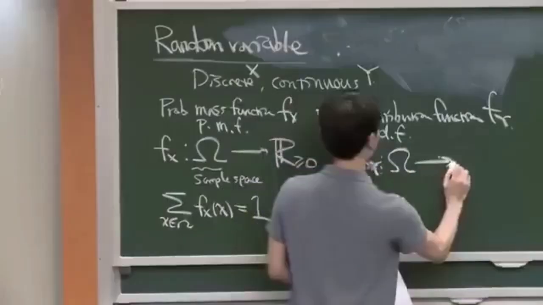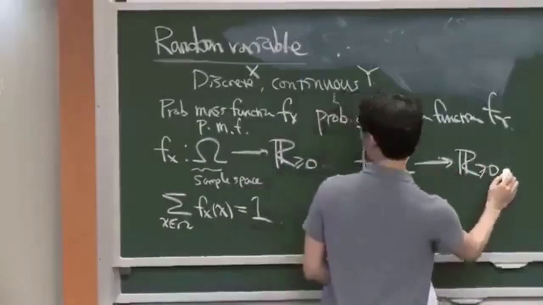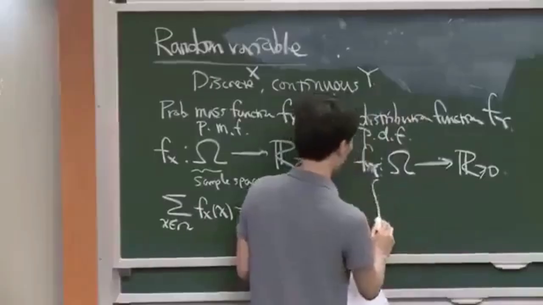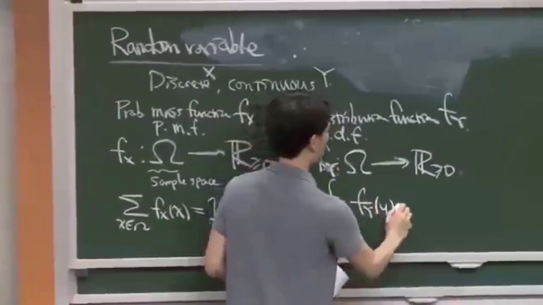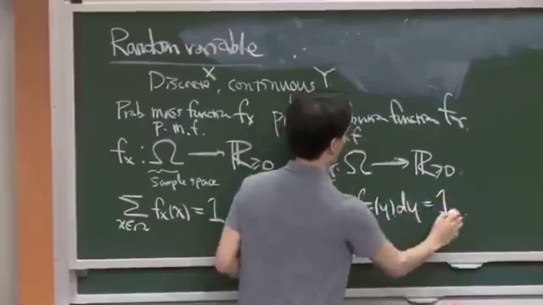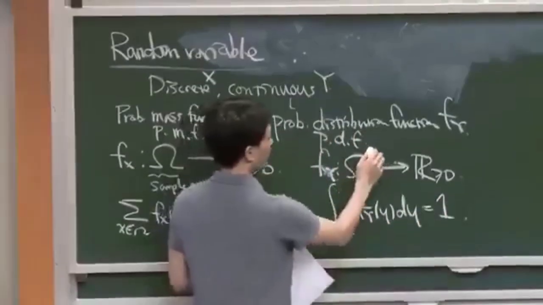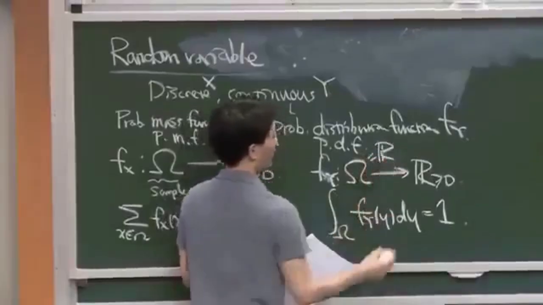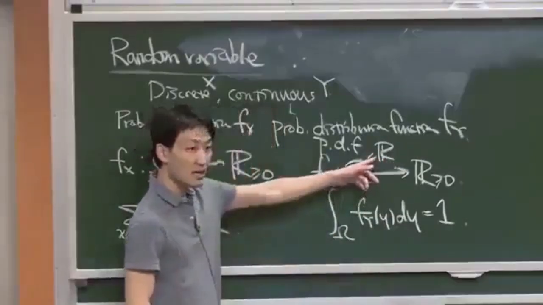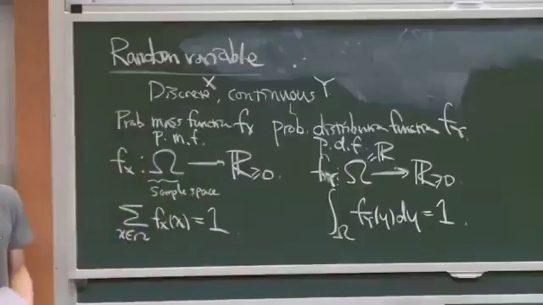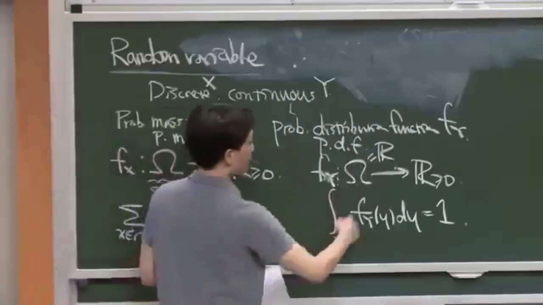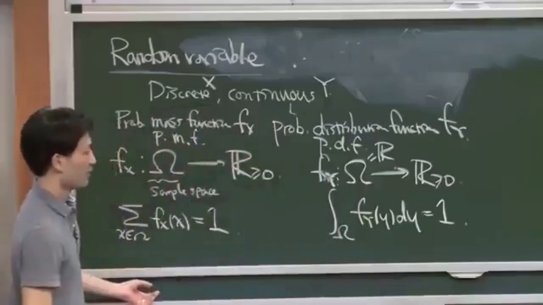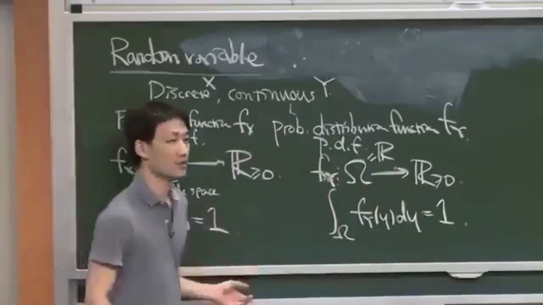A function from the sample space to non-negative reals, but now the integration over the domain equals 1. It's pretty much safe to consider our sample space to be the real numbers for continuous random variables. Later in the course, you will see some examples where it's not the real numbers, but for now, just consider it as real numbers.